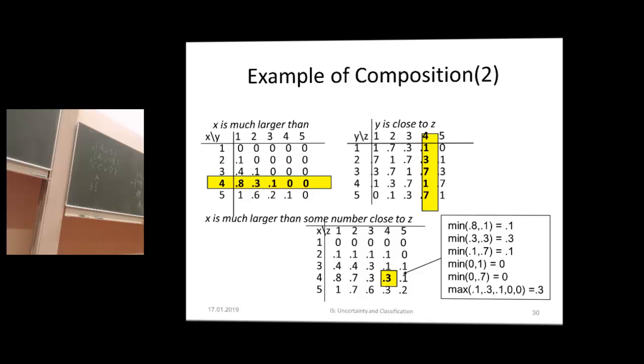And this is the same for close to: 1 is obviously very close to 1, and so forth. Then you just calculate the minimum values between those two, pick the minimum values here, and then you take the maximum to calculate this value of X that is much larger than numbers close to Z, the composition of these two relations.